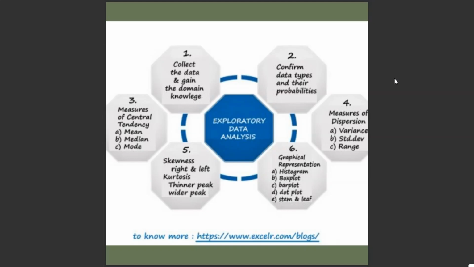The second one is to confirm data types. Remember, data are not the same, and they are supposed to be in a particular type that must be usable. If you have a float or an integer, or you have a text, you should know, and know how to best apply them in your work. So you confirm data types and their properties.